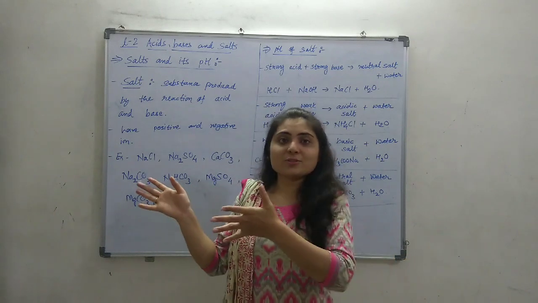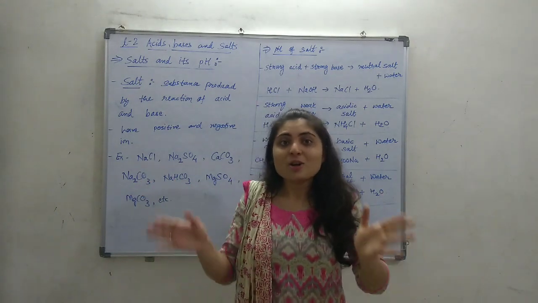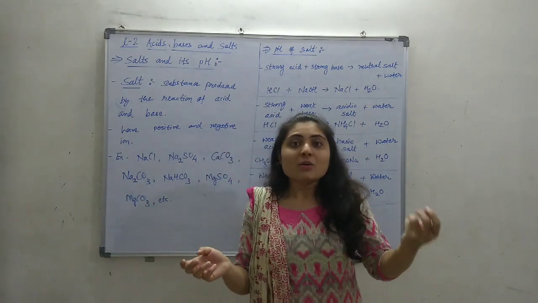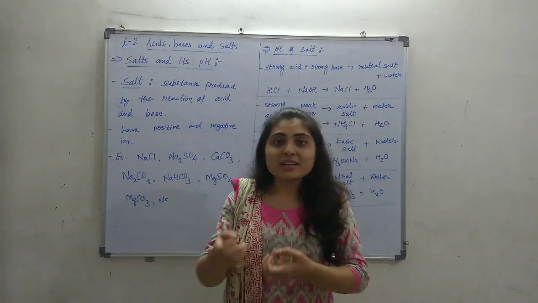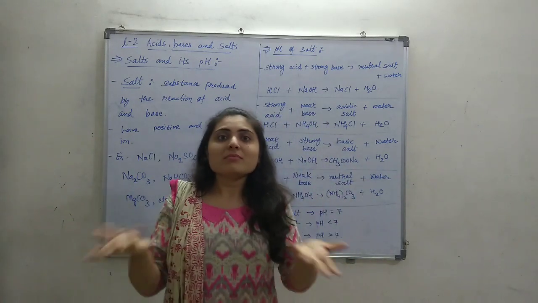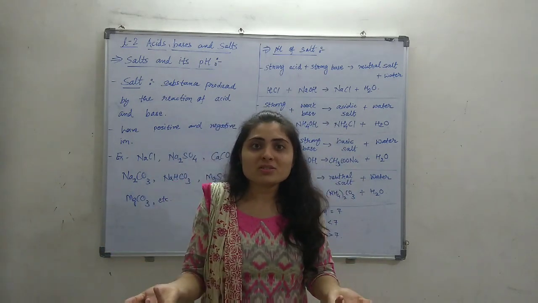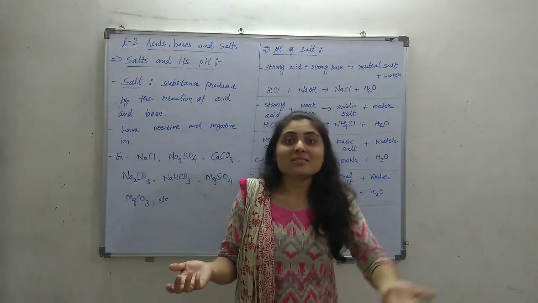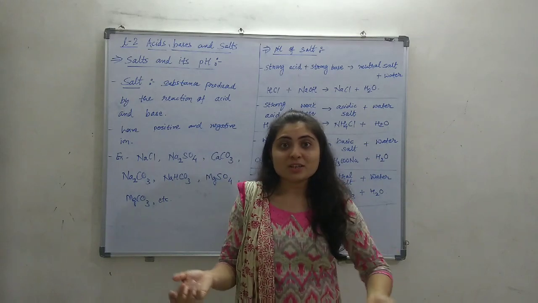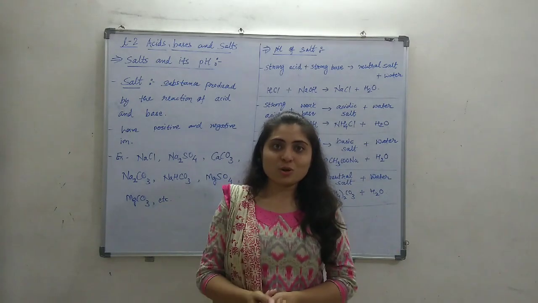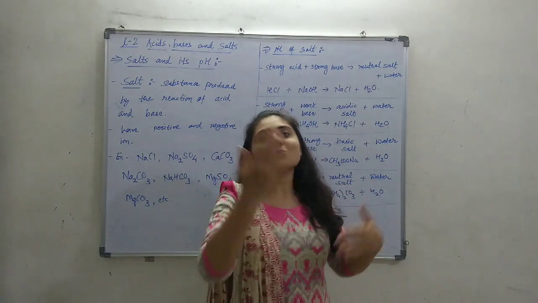There are various kinds of acid and various kinds of base, so any acid out of many and any base can react and make a salt. Various combinations are possible, right? One acid with a base, and that acid with another base, and so on. So any combination of acid and base makes salt, and that makes various salts.